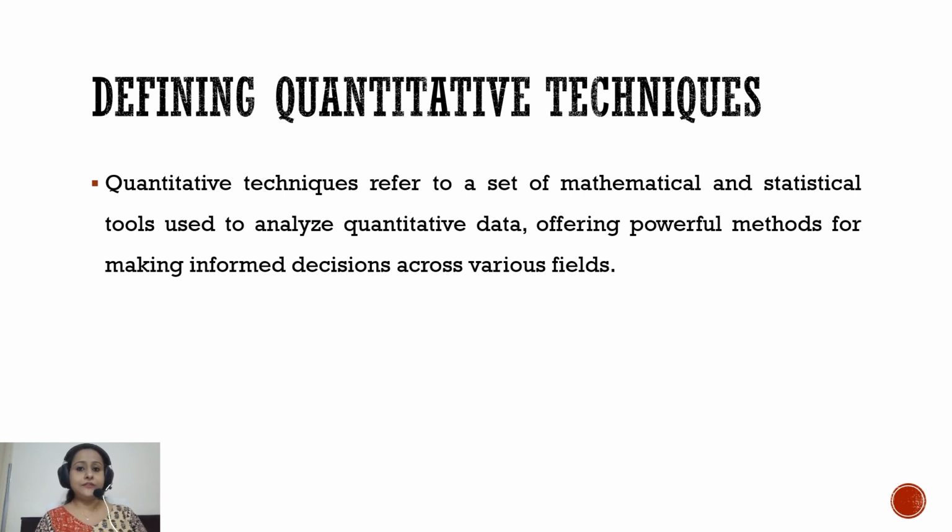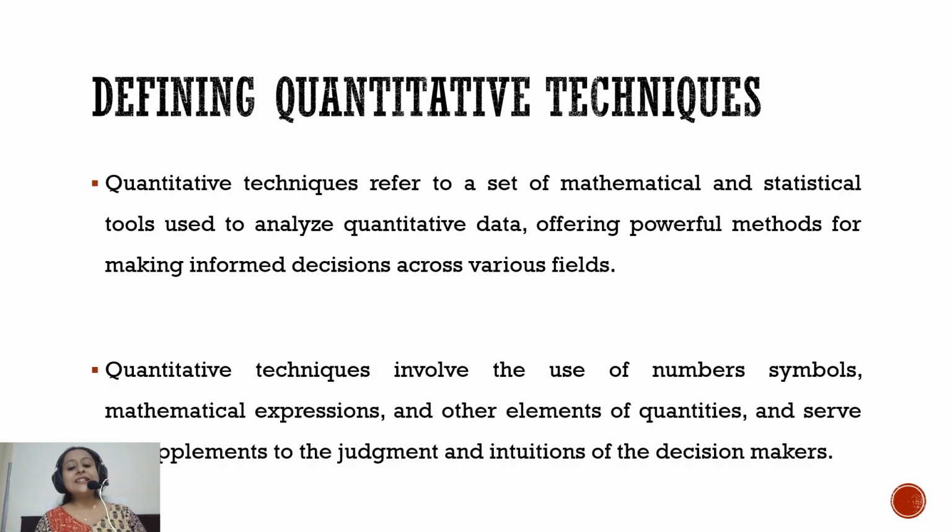As I have already given you examples, we take decisions based on numerical information in our daily lives. So the main objective of learning quantitative techniques is to make informed, rational decisions, right?